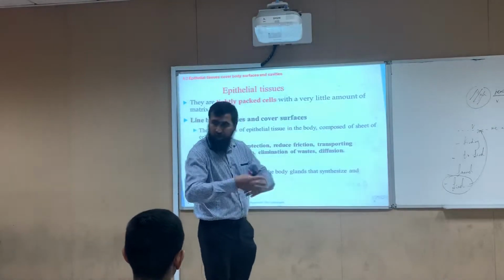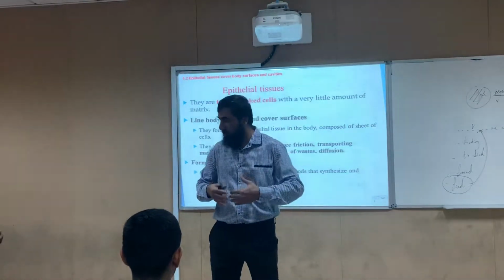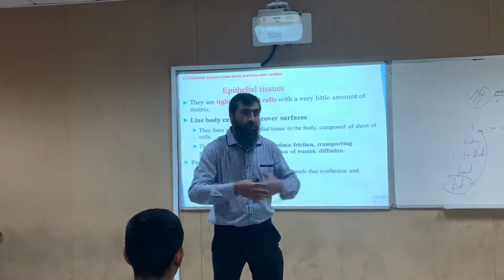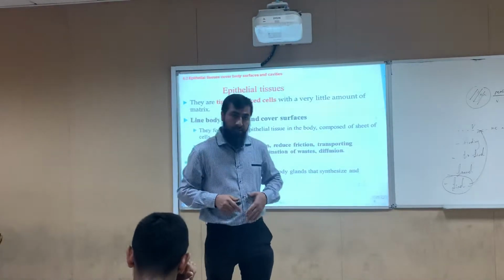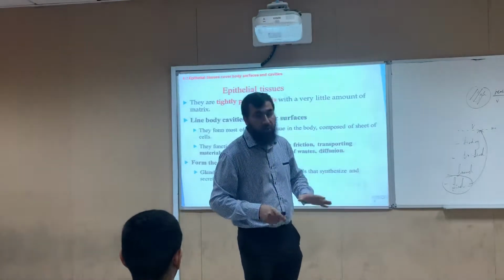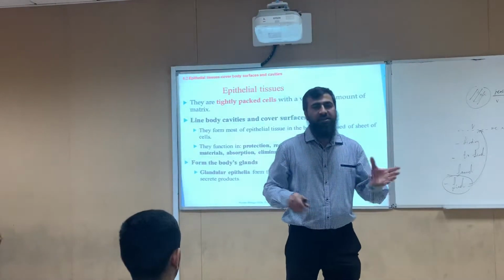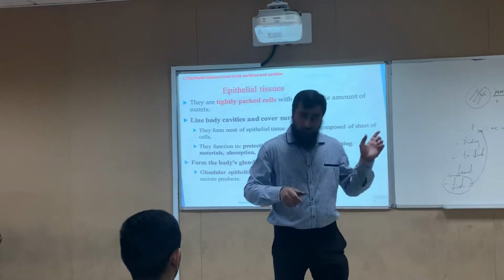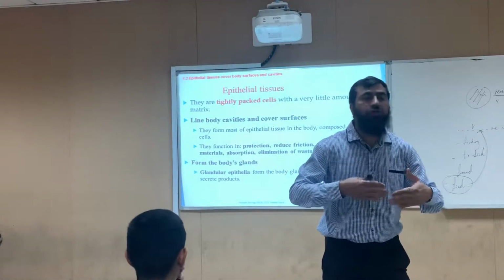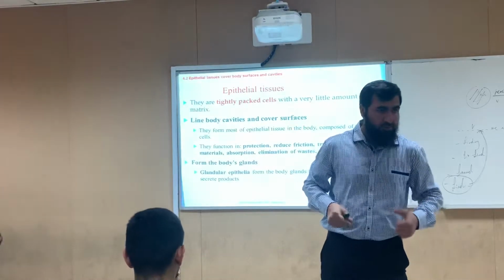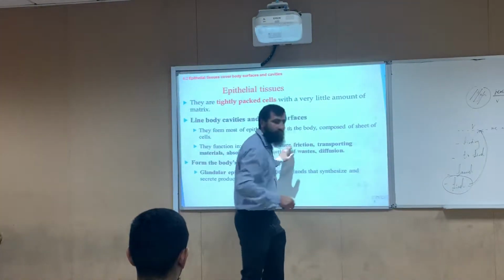So you get lots of friction and it will damage the tissue, correct? If they're rubbing all the time, the tissue will get damaged. So that's when it produces lubricants. The type of lubricant is called serous fluid. It's produced by this epithelial tissue. It reduces friction. So the function is to reduce friction.